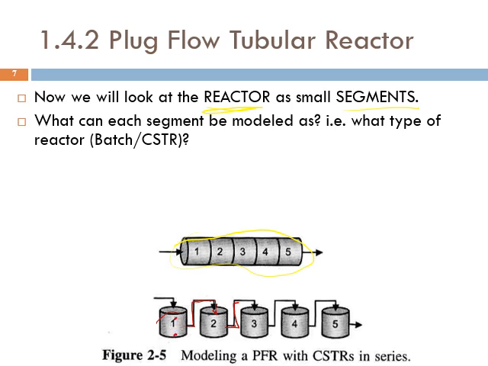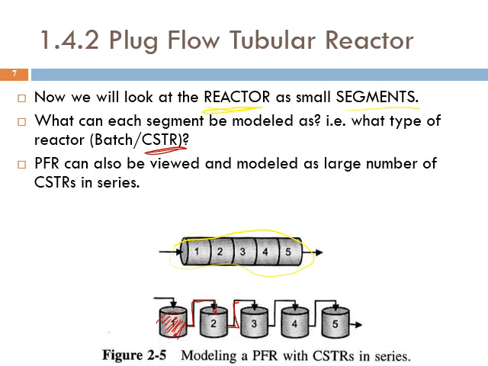That means you have a homogeneous solution here. The reaction mixture is homogeneous throughout the volume, so it's uniform. You have uniform composition, uniform temperature, therefore uniform rate of reaction, and then you have input and output. So this reminds you of a CSTR, correct?